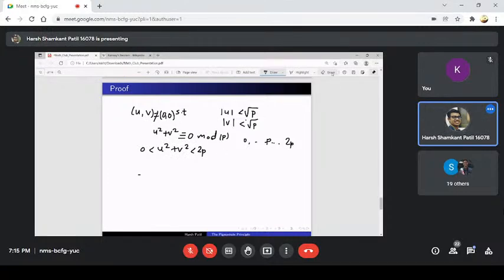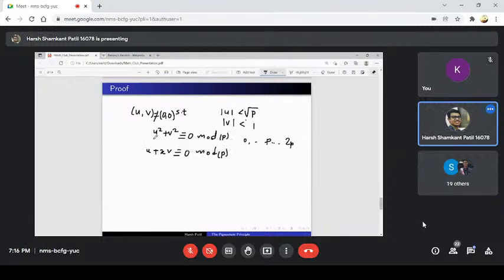Now we will show that u plus x times v is congruent to 0 modulo p.